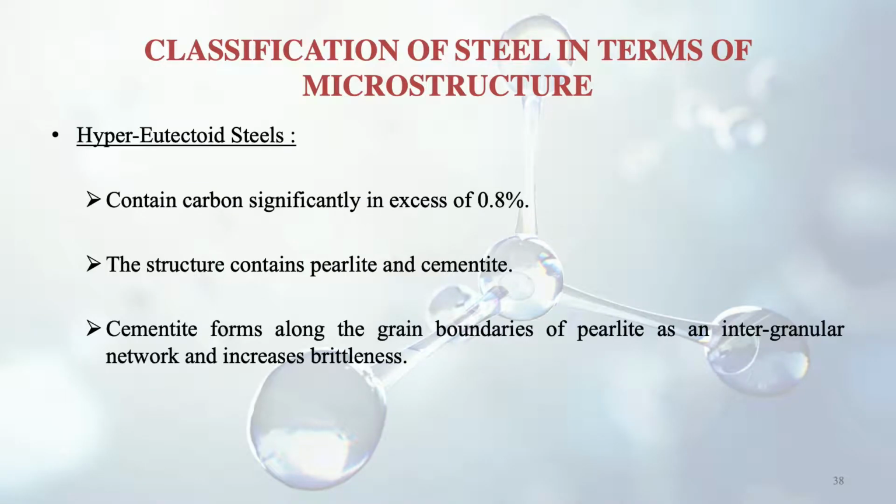Cementite forms along the grain boundaries of perlite as an intergranular network and increases the brittleness. So as we are moving towards the right side of the 0.8% carbon line, the ductility goes away and brittleness creeps in.